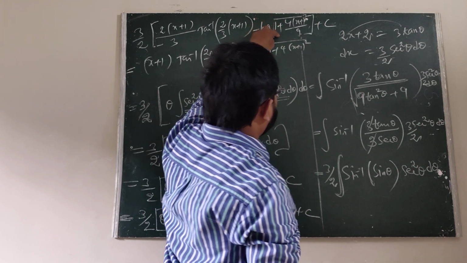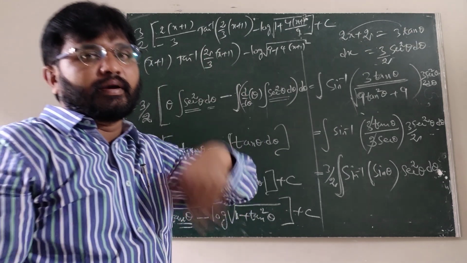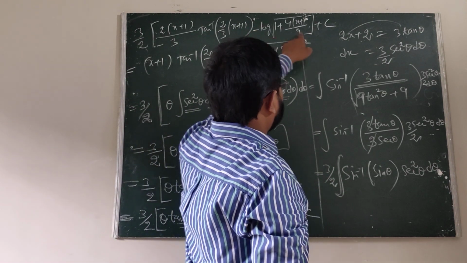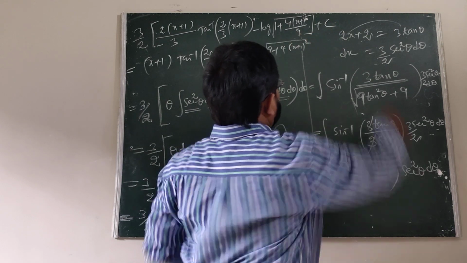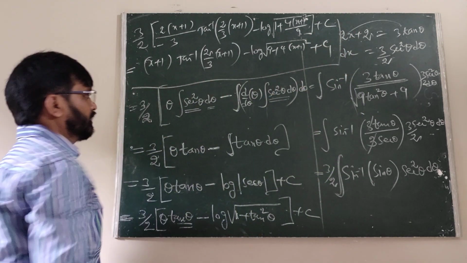After that, log a minus log b, minus minus becomes plus log 3, plus c. Constant plus constant is a constant.